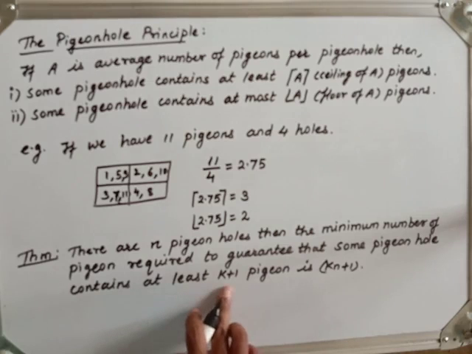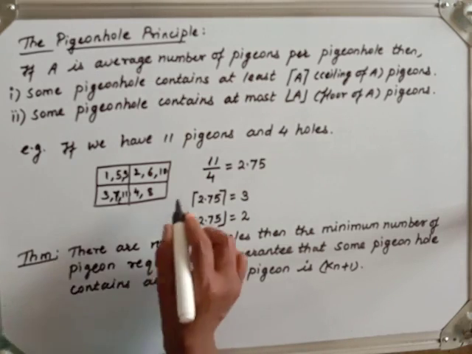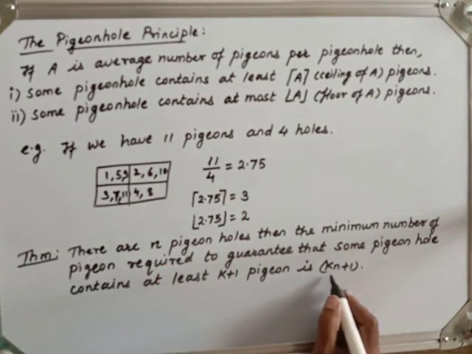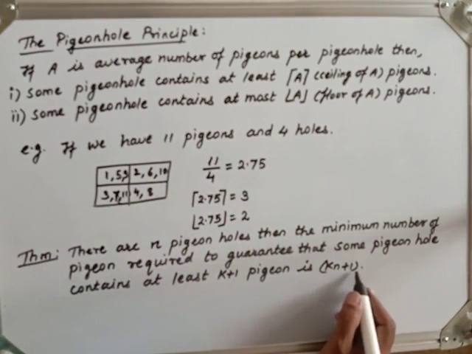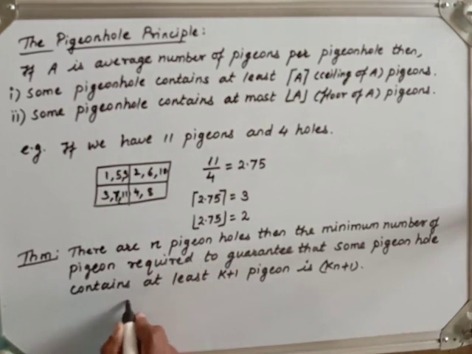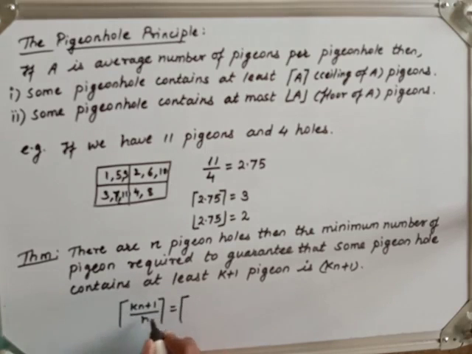Now what is this? Just like the previous one, kn plus 1 pigeons are there and n holes are there. If we find the ceiling of A, A is kn plus 1 upon n, which is k plus 1 upon n.